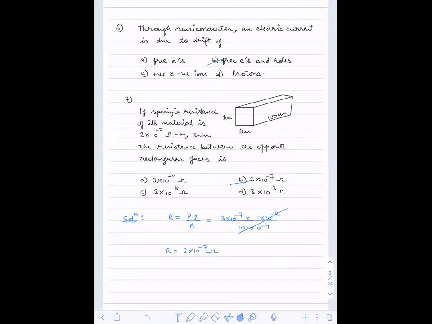If anybody has any doubt in any of the solutions tomorrow, these are 10 questions. Go through them, match the solutions you have done with the solutions I'm giving, and if anybody has any doubt, you can ask tomorrow.